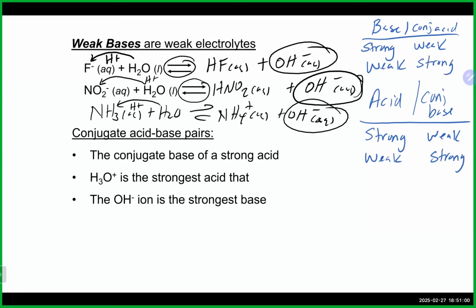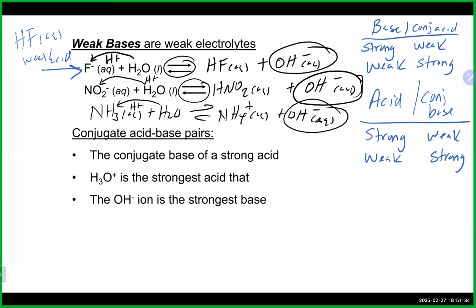What do we mean when we talk about weak and strong? In certain cases, if you produce a strong conjugate acid or a strong conjugate base, it has the ability to react with water. This F minus is a strong conjugate base that comes from HF, which is a weak acid.